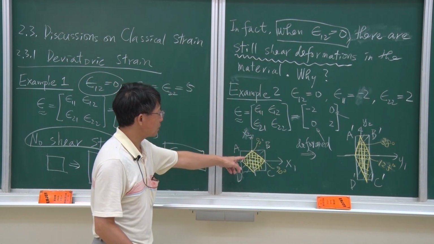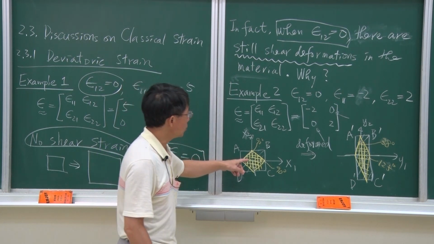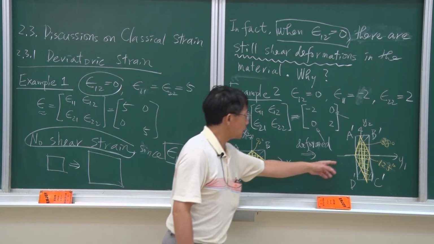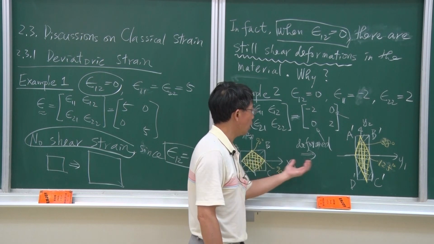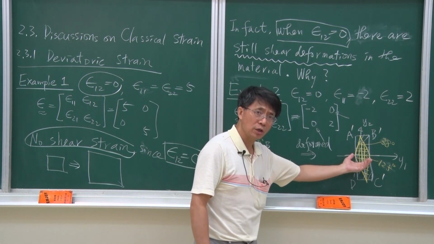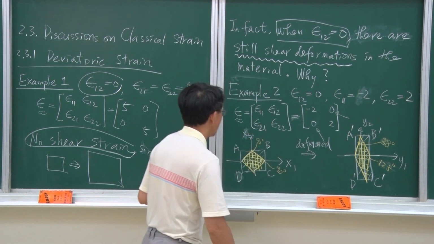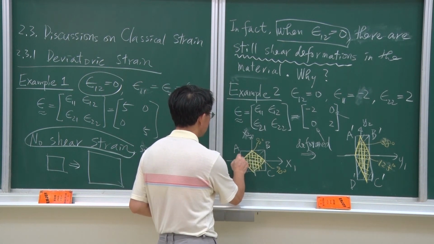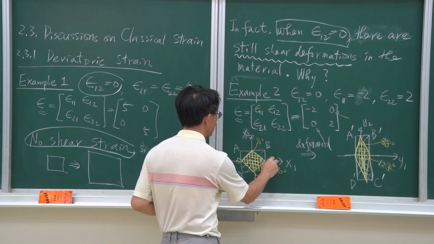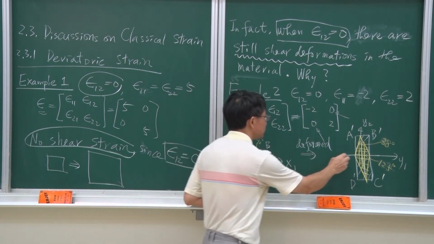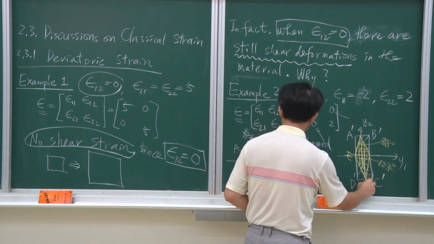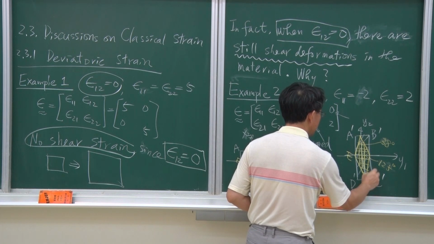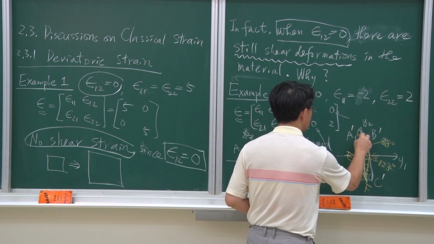But if you look at the yellow material, you find out that it has been deformed by a shear deformation. We can draw it E, F, G, H, becoming E prime, F prime, G prime, H prime.